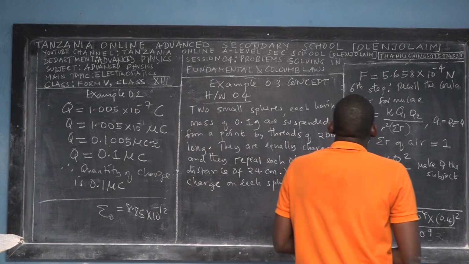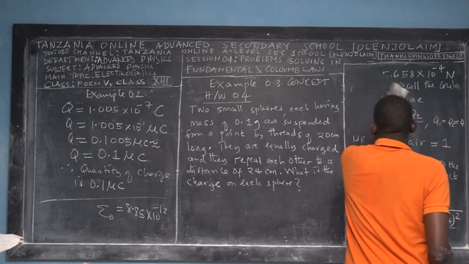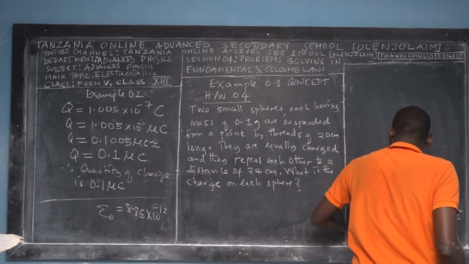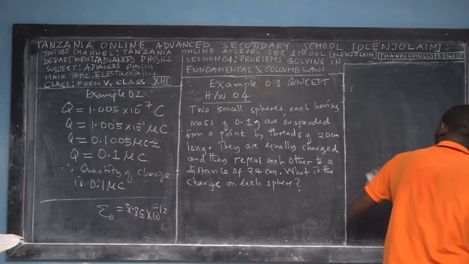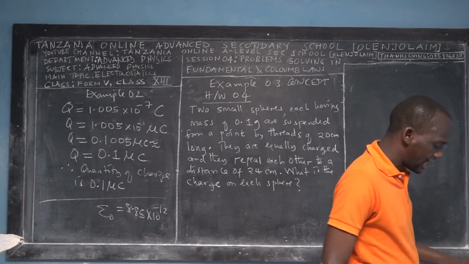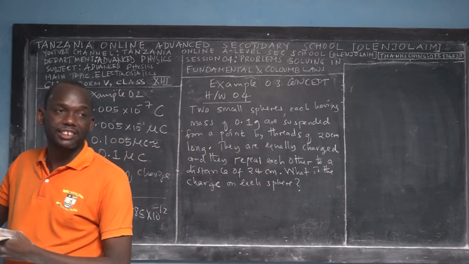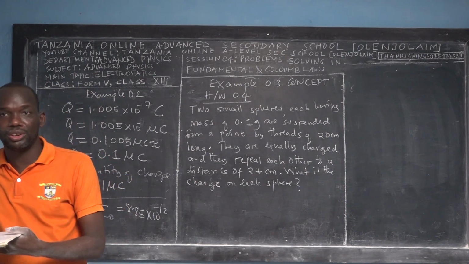Alright? Okay, so let me take you to the last example for this session, which is example 4. In session 5, I will be able to teach about the superposition principle of electrostatics. We have two superposition principles in physics.